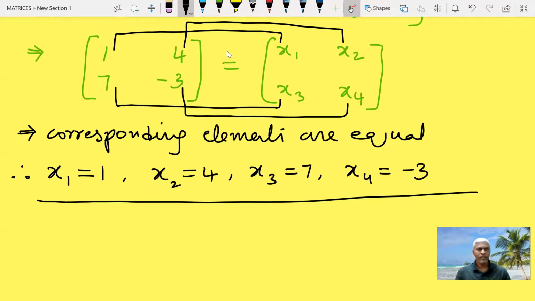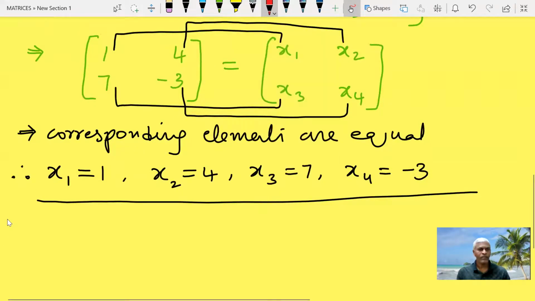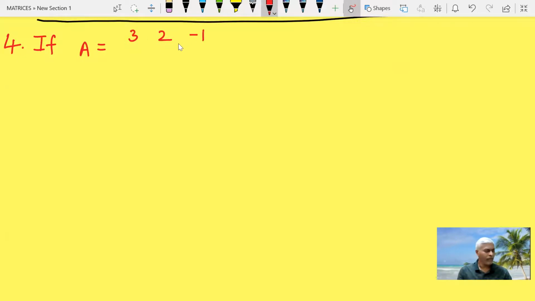Next, let us take up one more problem from the textbook. If A is the matrix [3, 2, -1; 2, -2, 0; 1, 3, 1].